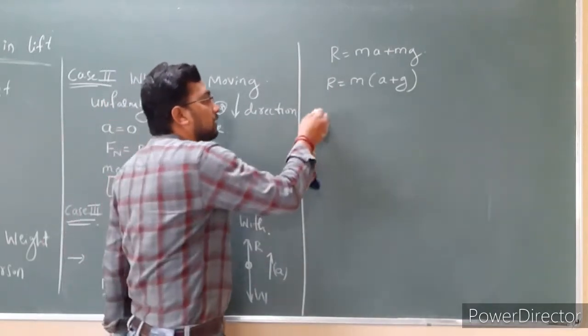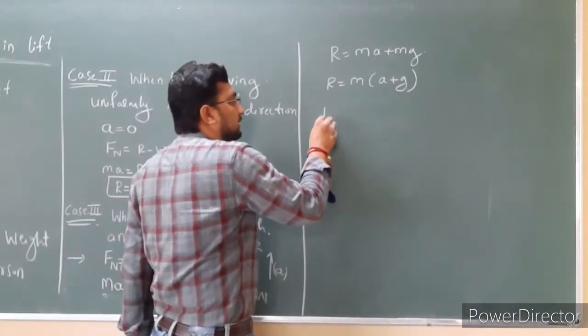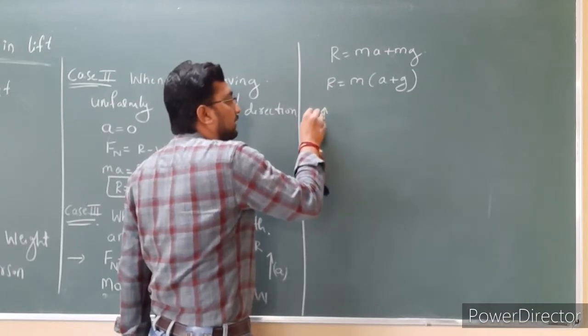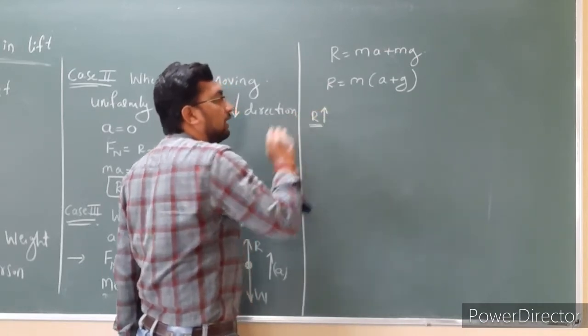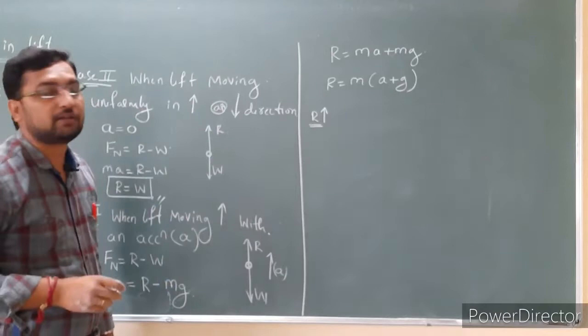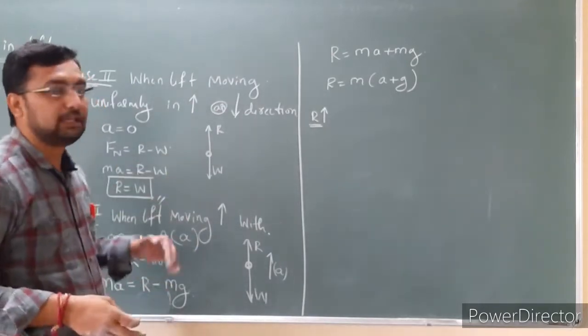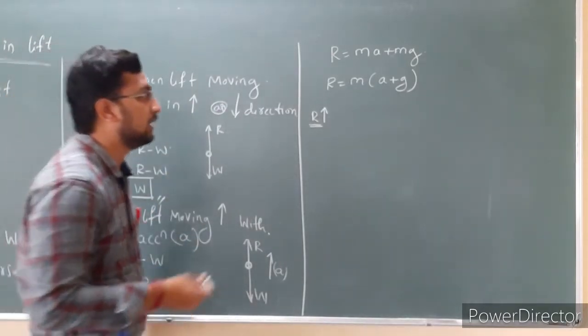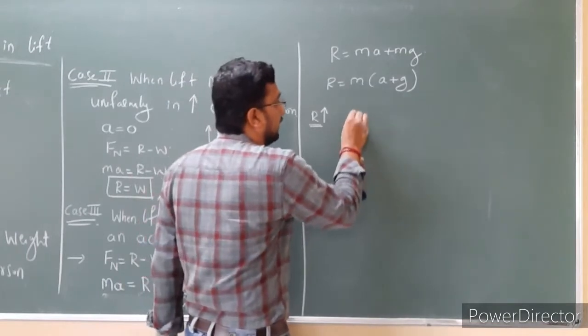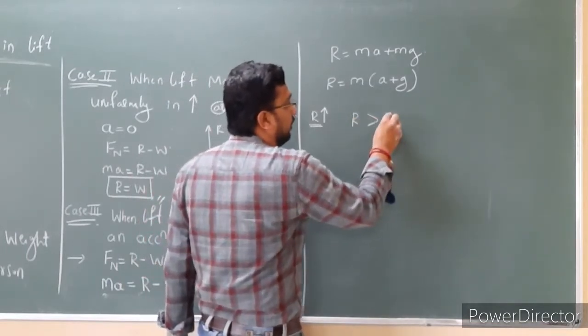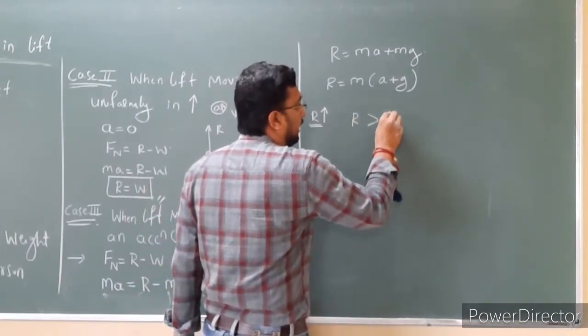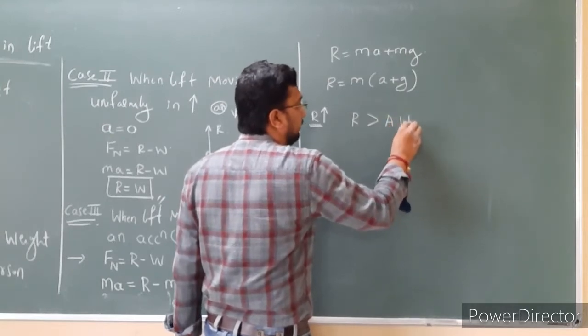See here, the apparent weight of the person increases when the lift is moving in the upward direction. So in this case, the apparent weight is greater than the actual weight of the person.